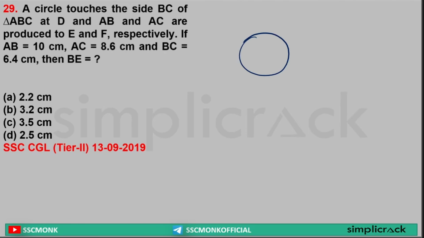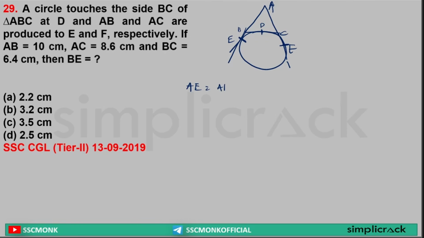So this is a triangle, let's say A, B, C. Now when this is produced, it will touch here at F, it will touch here at D, and sorry, this is E, this is point D. Okay, now see, AE is the tangent and AF is the tangent, and AE is equal to AF.